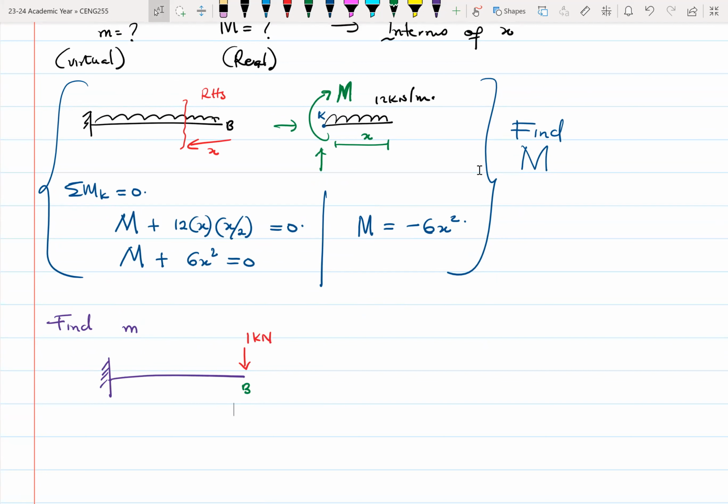Where you find your deflection, you place a unit load. Where you find your slope, you place a couple or a unit moment.